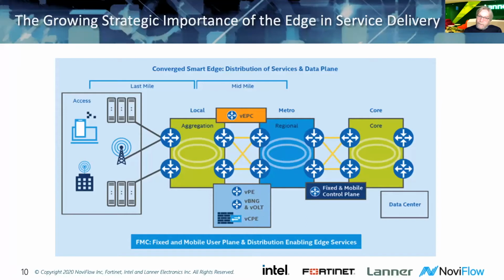But on the aggregation point, you have incoming traffic, which could be IoT traffic, which could be coming from a cloud RAN appliance. It could be from a customer premise equipment or universal CPE. It could be an SD-WAN function residing at the edge. So the traffic is very dynamic.